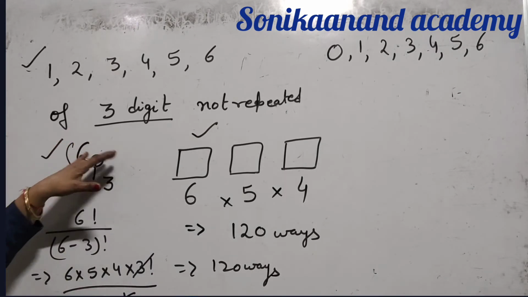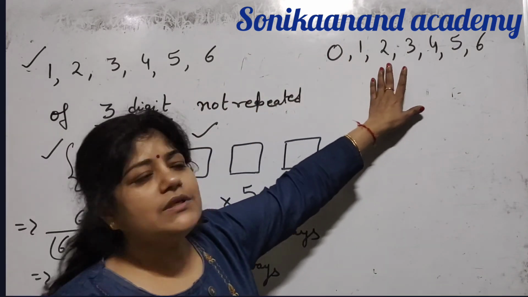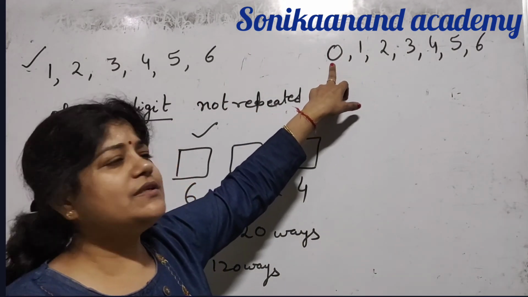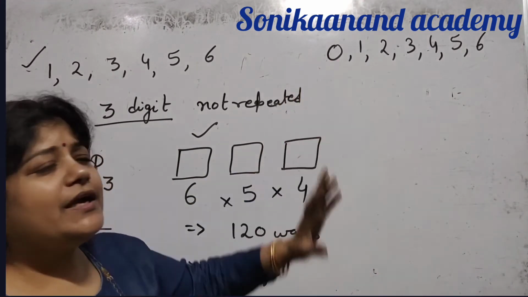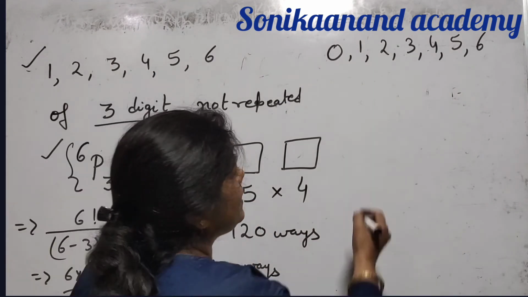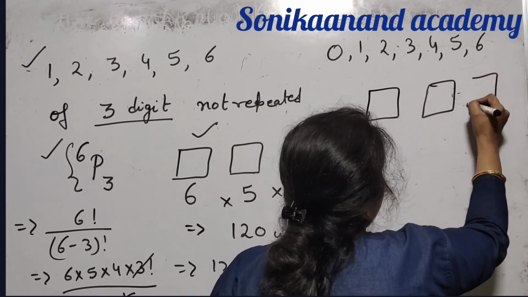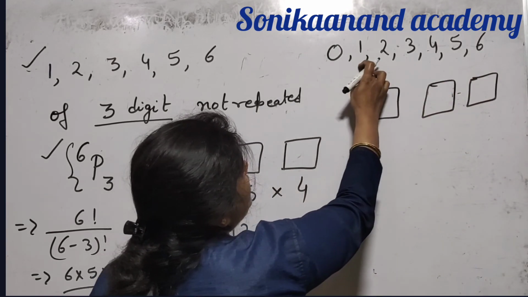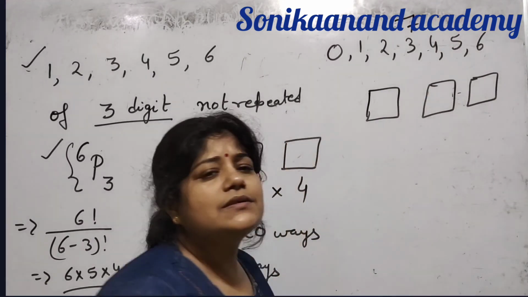Now the next case, the same question, but here we also have the digit 0. Then how can we do that? We have to frame a 3-digit number. That means we have to fill 3 places from the 7 digits, 1, 2, 3, 4, 5, 6, 7. The total number of digits here is 7.